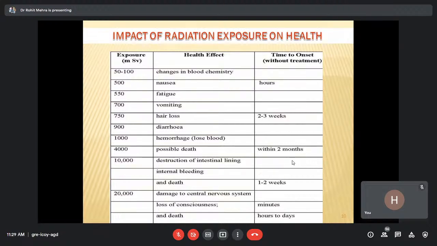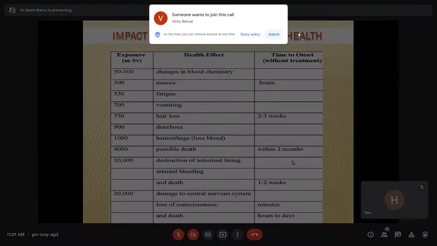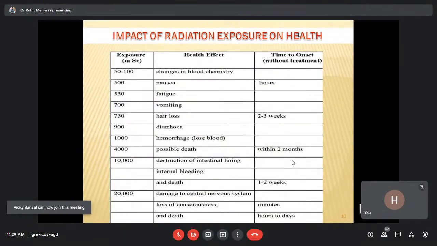But if your dose reaches the order of say 750 millisieverts, within 2 to 3 weeks the effects could be there, and you could have hair loss, vomiting, and fatigue. If it reaches further, you could suffer from diarrhea, then blood loss, and within 2 months, if it reaches 4000 level, death could occur, and again to very high values, which have been mentioned in the table.